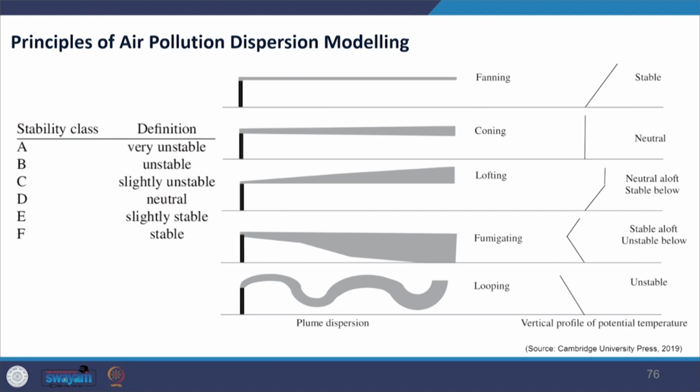The stability categories range from class A, which is a very unstable condition, usually occurring during hot sunny conditions with light wind, through to classes like F and G, which indicate very stable conditions. Usually such stable conditions occur during cold still nights with clear sky. You can see in the image the range of the stability classes.